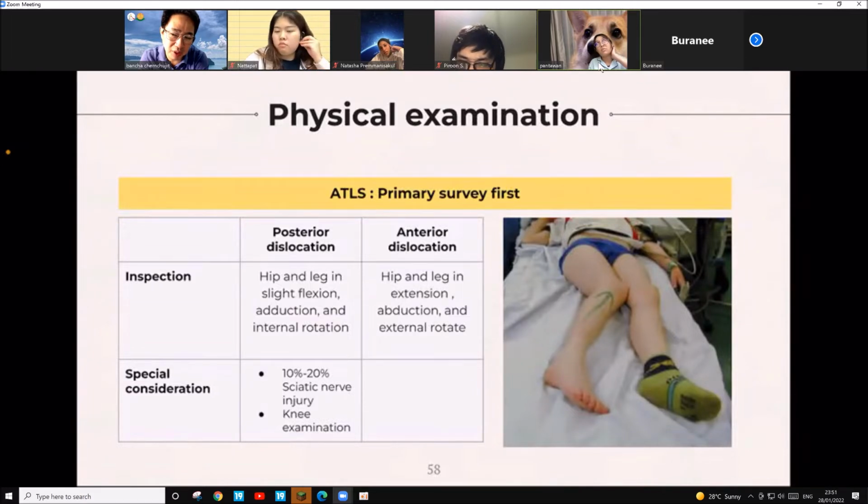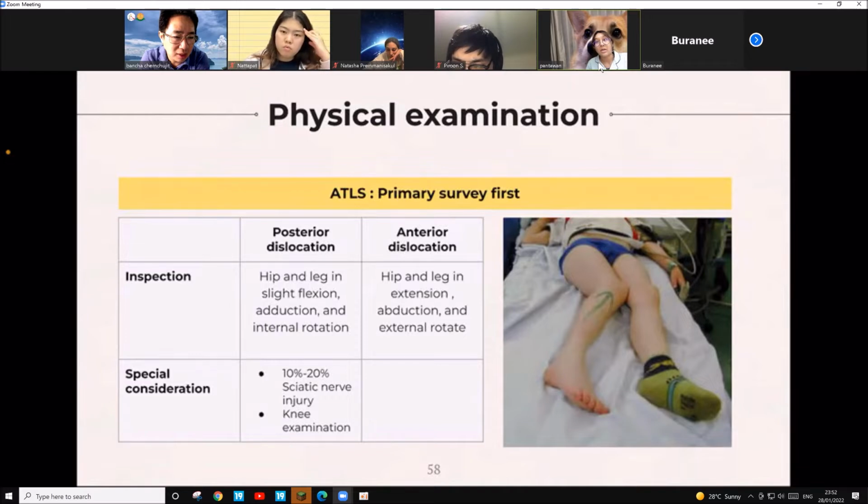Femoral nerve. The femoral nerve is in the front, right? So you need to check the femoral nerve if the patient has an anterior dislocation. Okay.